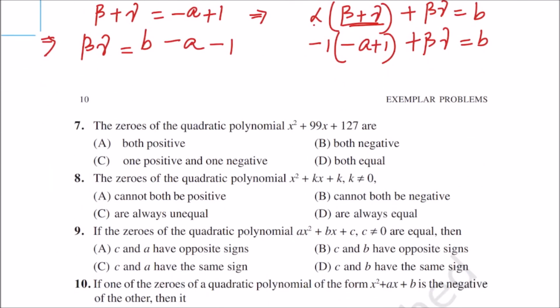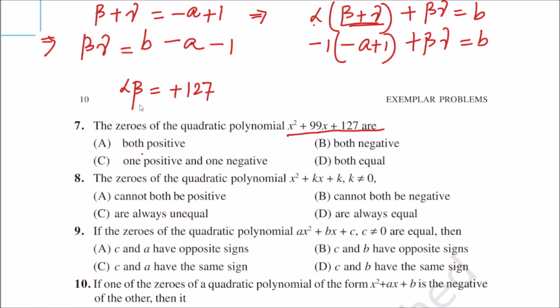Question number 7. The zeros of the quadratic polynomial x square plus 9x plus 127 are both positive, both negative, one positive one negative, both equal. So here you see if alpha and beta are two zeros, then alpha into beta is equal to positive 127.